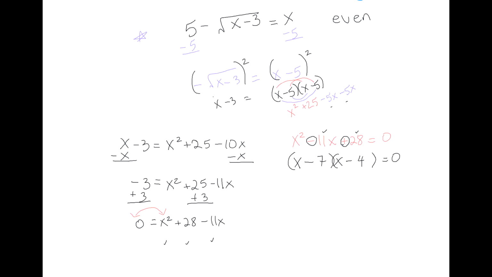And then I'm going to set each factor equal to 0. So x minus 7 equals 0, and x minus 4 equals 0.